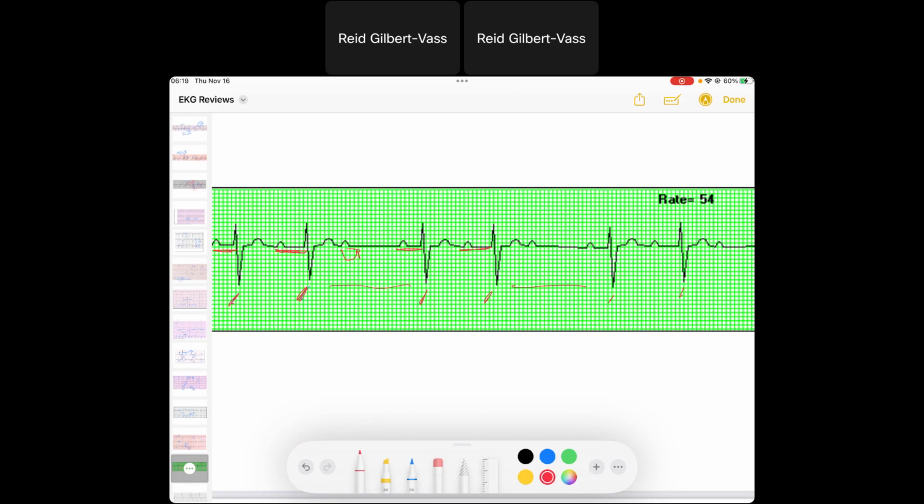PQRS, PQRS that's taking longer, the PR interval is lengthening, and then P with no QRS. And so not every P wave is conducting to a QRS, so we know this is second degree. And because those PR intervals are lengthening every single time, we can go ahead and say that this is second degree type 1 or Wenckebach.